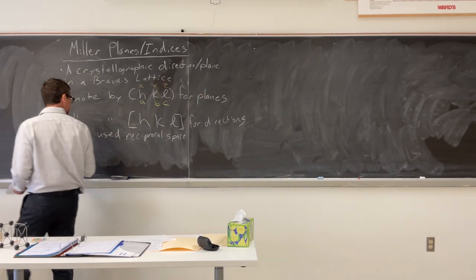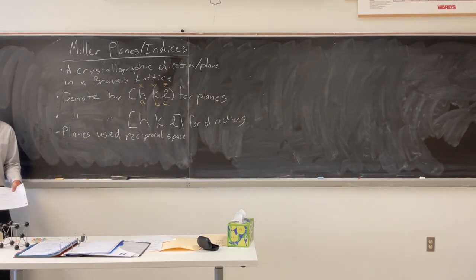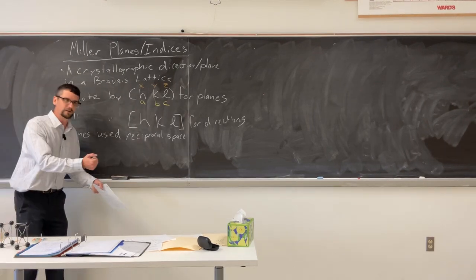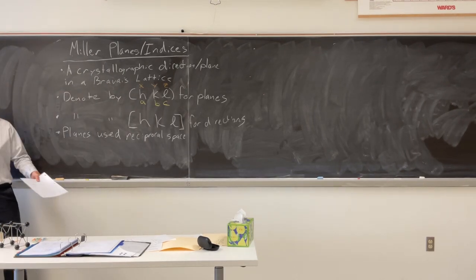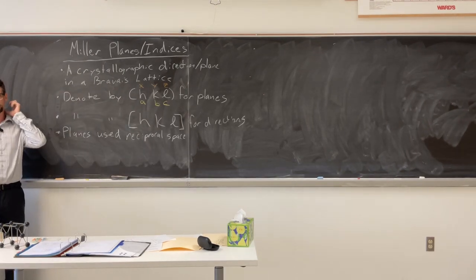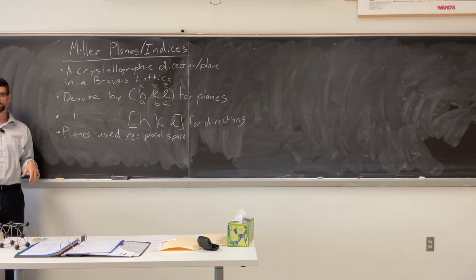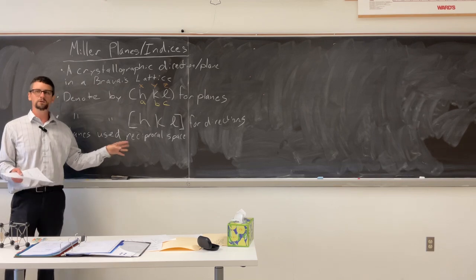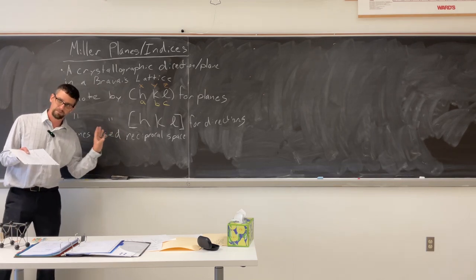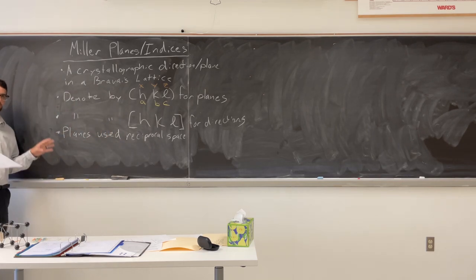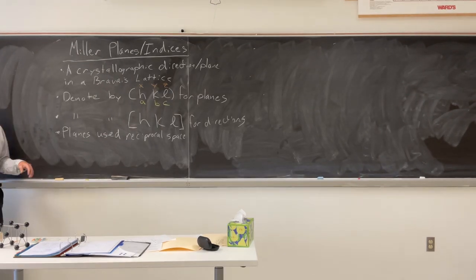All right, so planes use reciprocal space. When you move forward in real space, you're moving backwards in reciprocal space. We'll worry about reciprocal space later. We still need to use it, but we'll worry about what it means later. For now, just think of it as a mathematical exercise.